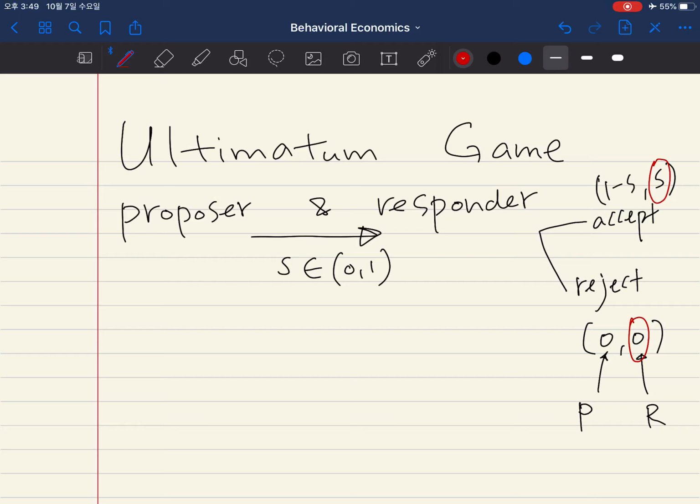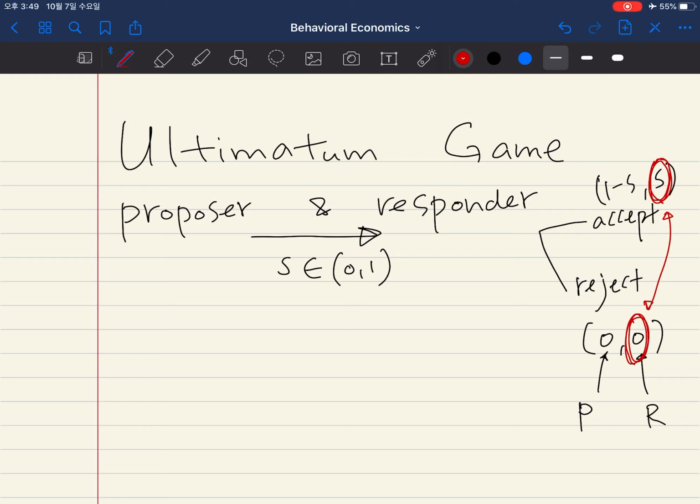So when responder has to choose whether to accept or reject the offer, responder is going to compare his payoff when he accepts and his payoff when he rejects. Basically, responder is going to compare S and 0. Traditional theory says that as long as S is some positive number, responder is going to accept the offer.